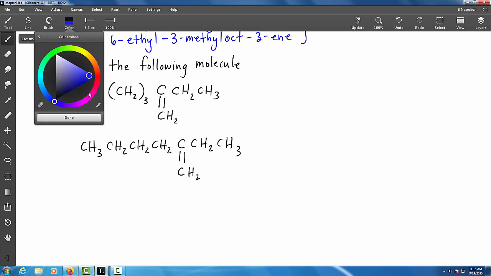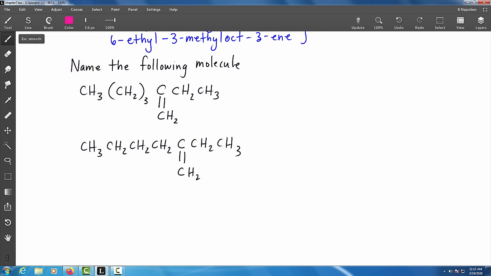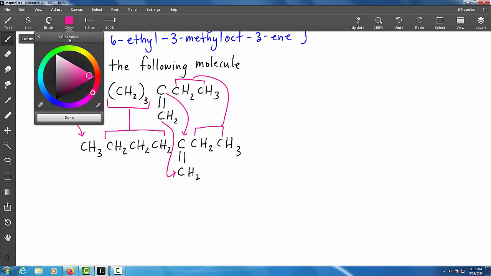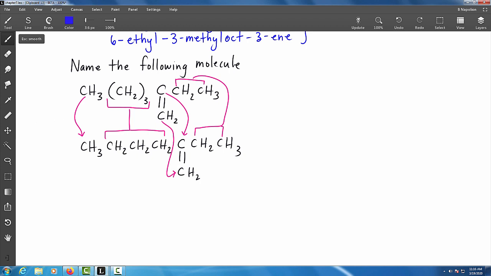So, not to get confused, this represents that, and these 3 CH2s would be represented by this, okay? And this carbon is here, and that CH2 is there, and this CH2, CH3 is the same as this CH2, CH3. So I can count out my carbons.